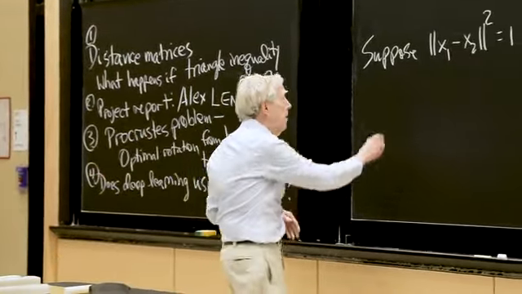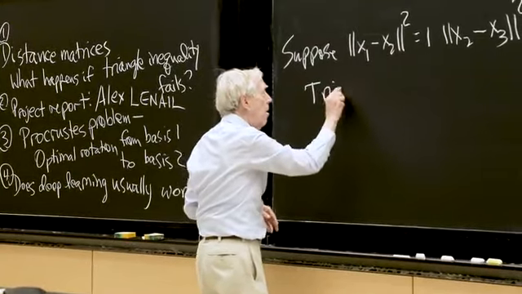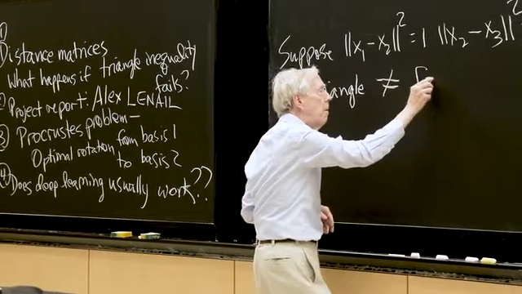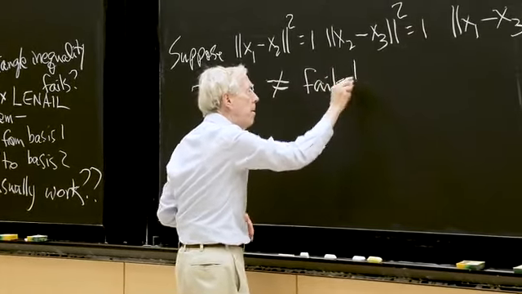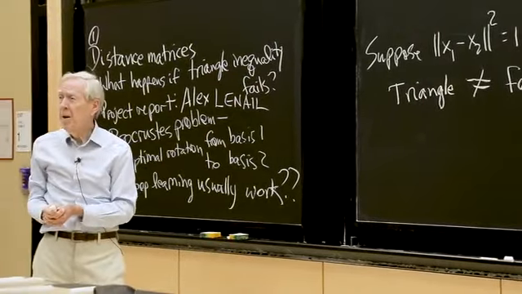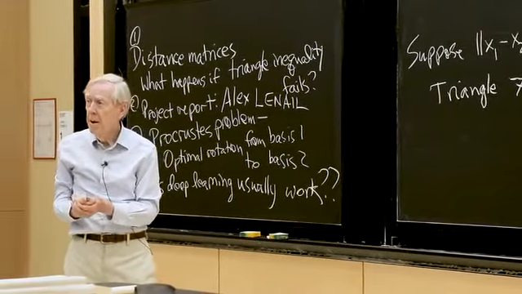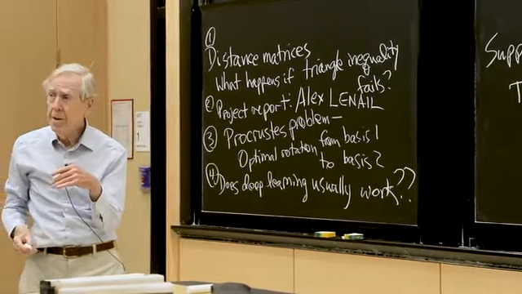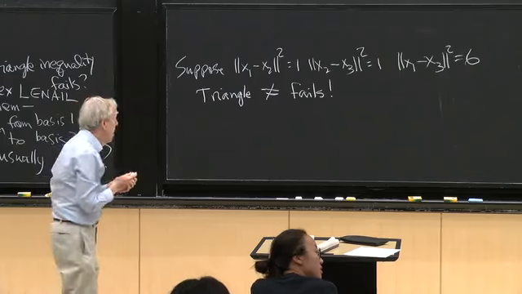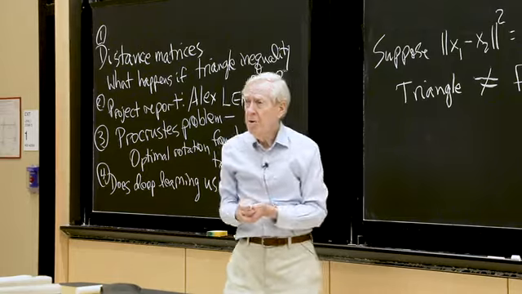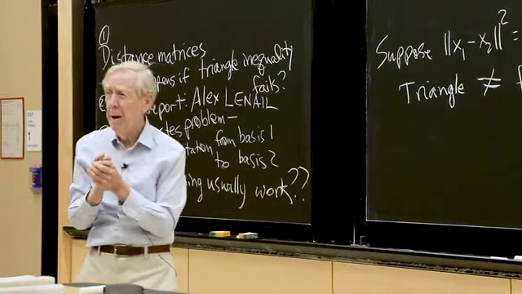So this is the triangle inequality fails. And it's not going to help to go into 10 dimensions, because the triangle inequality doesn't change, and it's still there in 10 dimensions, and we're still failing it. So what happens? Well, what could happen?